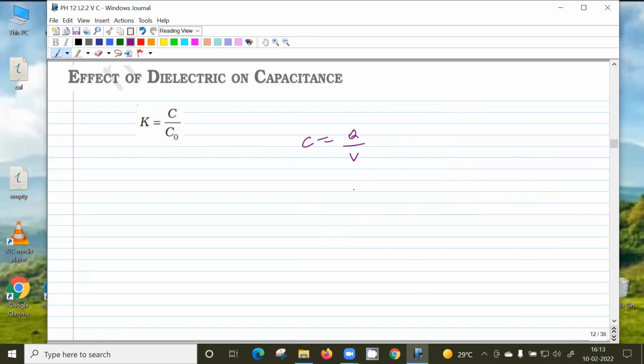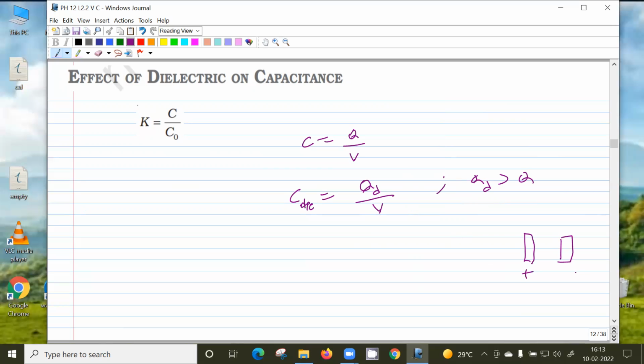Okay, so suppose I put the dielectric. Then the amount of charge which I have to put with the dielectric to create the same potential difference, Q_d, will be greater than Q. Is that clear? Because some amount of electric field is cancelled because of the dielectric.